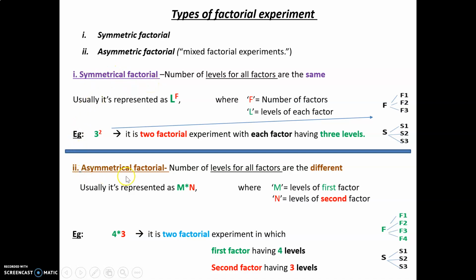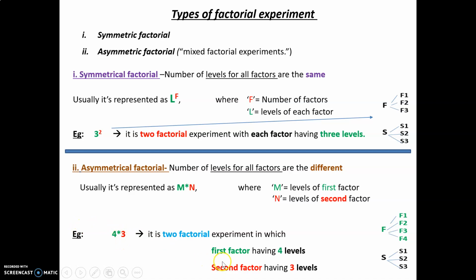The second type is the asymmetric factorial experiment. If the number of levels for all factors is not the same, such an experiment is called an asymmetric factorial experiment. It is usually represented as m into n. Here m indicates the number of levels of the first factor, n indicates the number of levels of the second factor. Take one more example, 4 into 3.